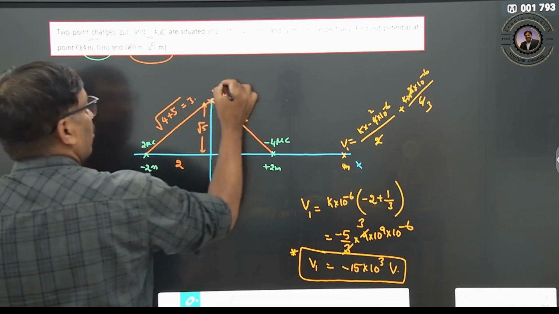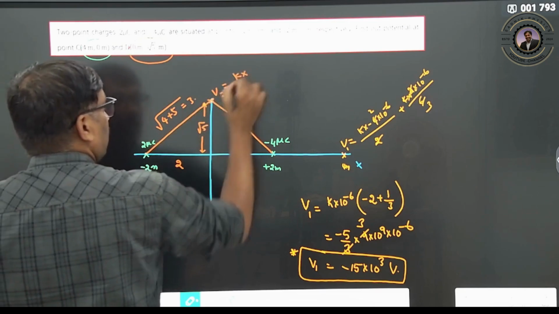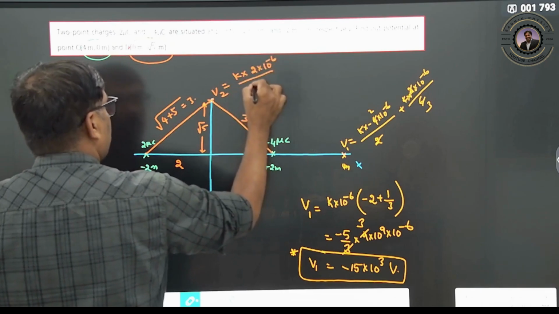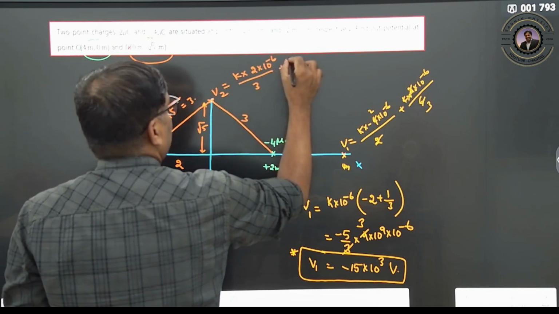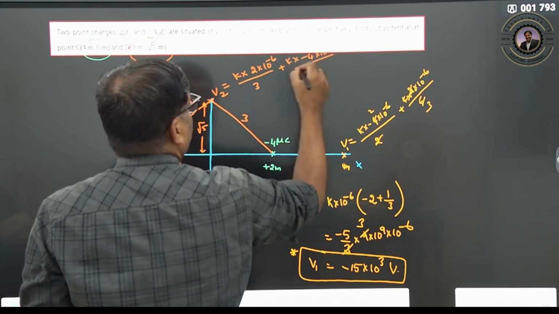So the potential at this point is k into 2 into 10 to the power of minus 6 divided by 3, plus k into minus 4 into 10 to the power of minus 6 divided by 3.